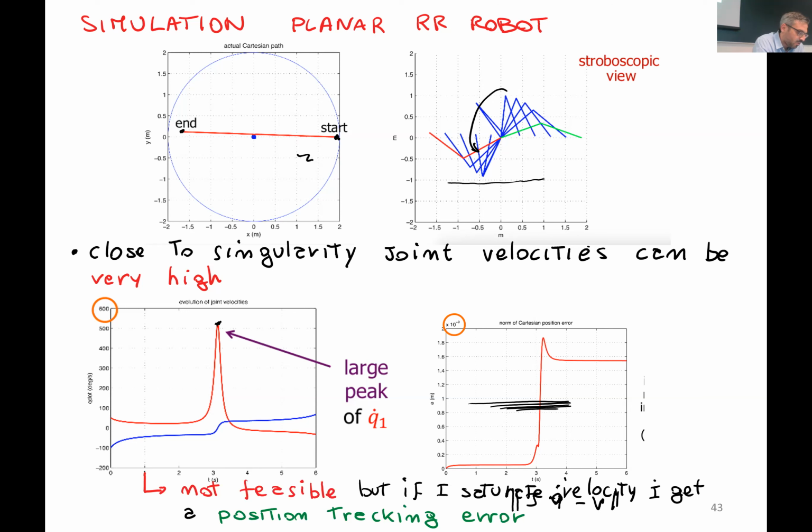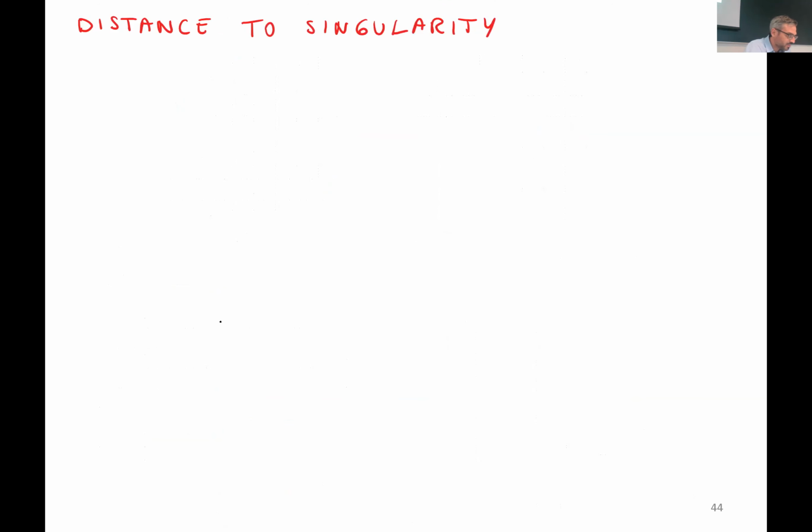And this could not be feasible if I saturated the joints, for example, that cannot achieve such a speed, and then I am not able to realize the end effector velocity. If I'm doing a controller that tries to control position using this approach of inverse kinematics, I will accumulate errors.